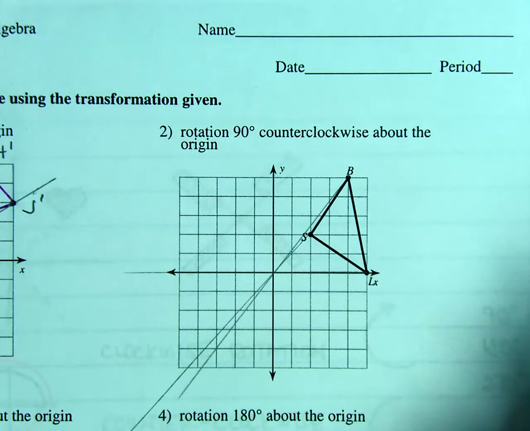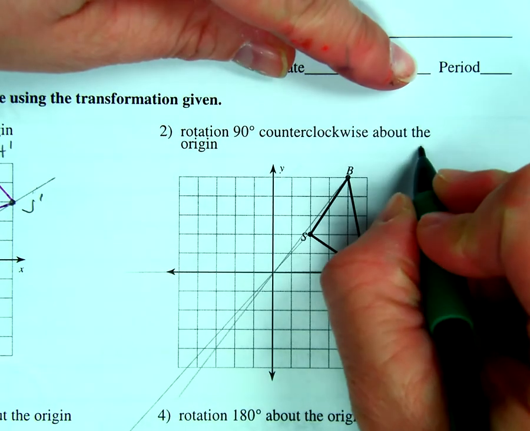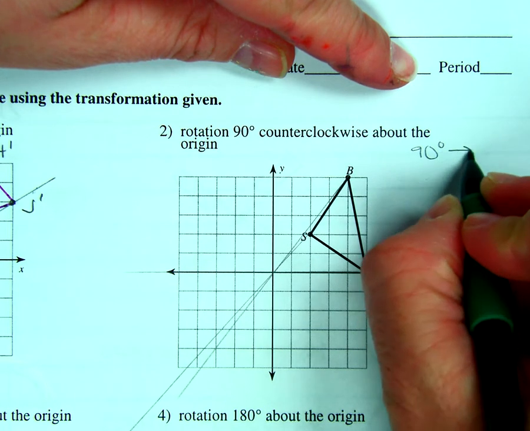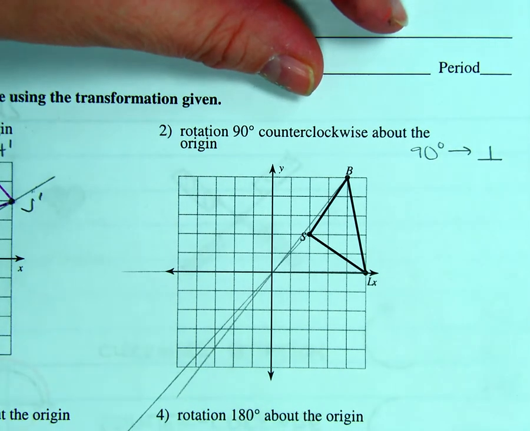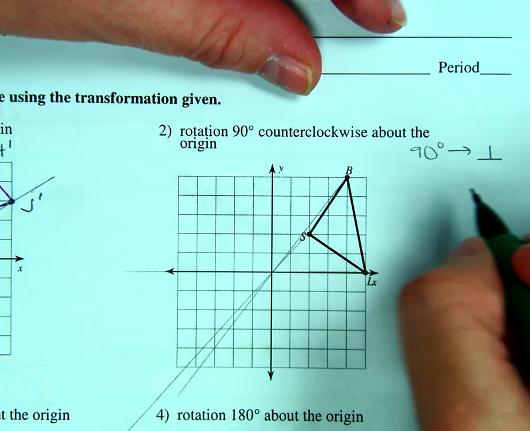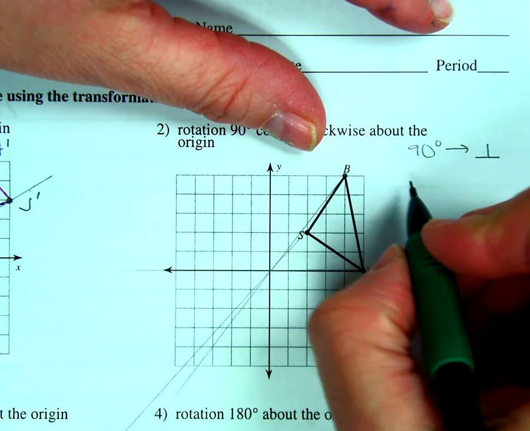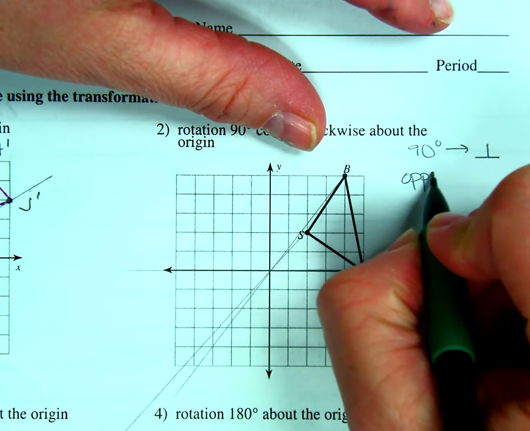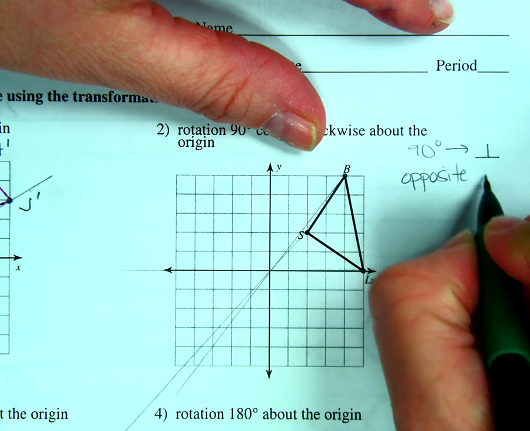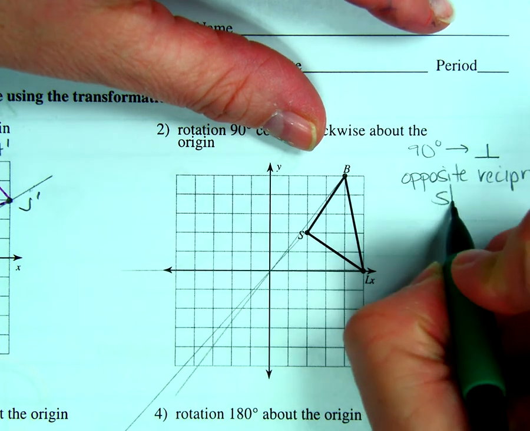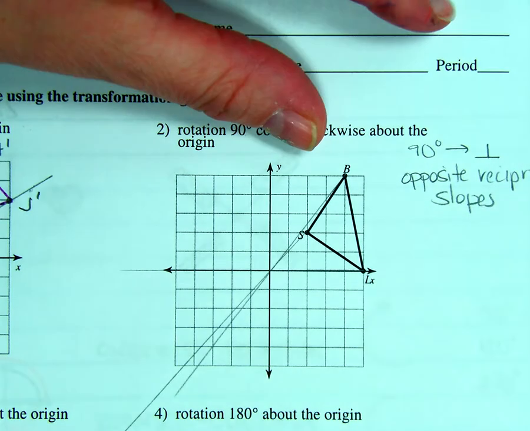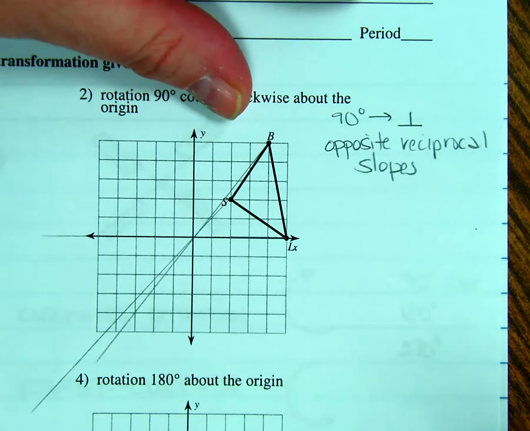Okay, so if we're rotating 90 degrees, remember we're going to have those perpendiculars in there. So I'm going to do a quick review of slopes of perpendicular lines, and that would be that they are opposite reciprocals. Opposite reciprocal slopes.